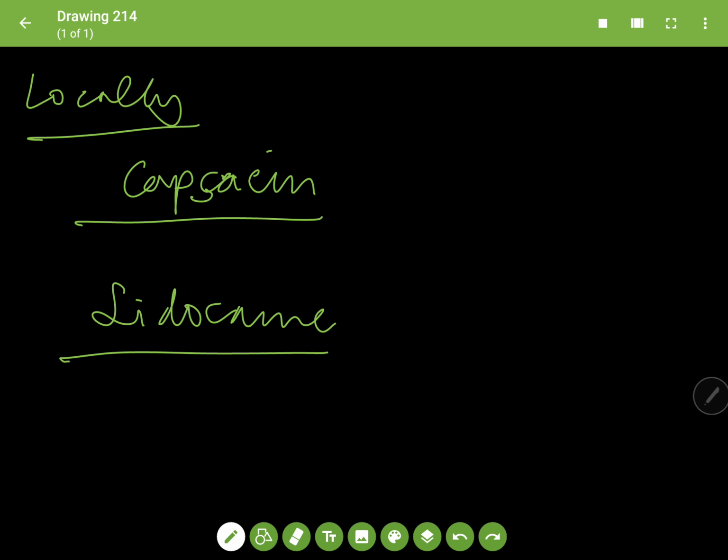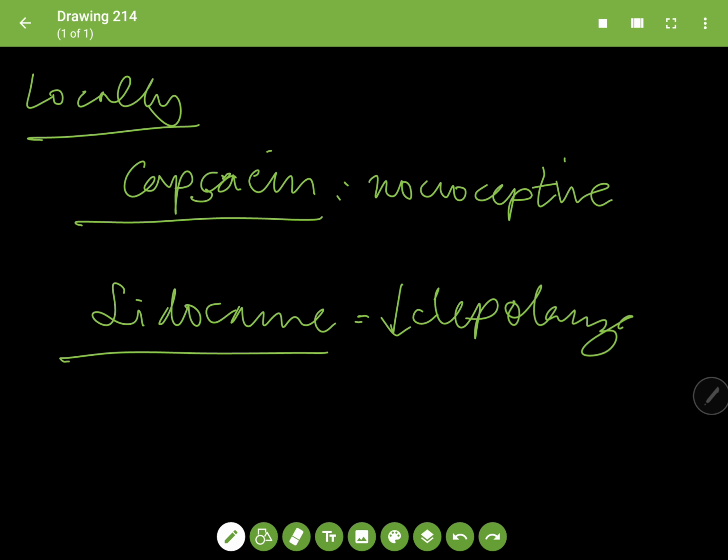So capsaicin acts on the nociceptive fibers, and lidocaine acts to decrease the depolarization of the PNS neurons. And they're both actually topical agents. So that's pretty fitting because they act locally.